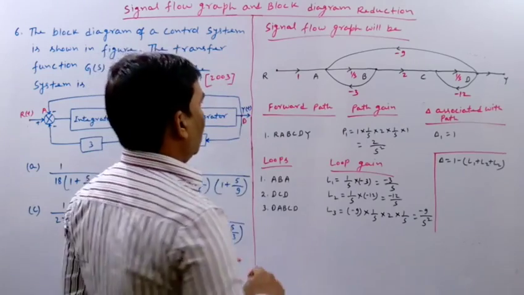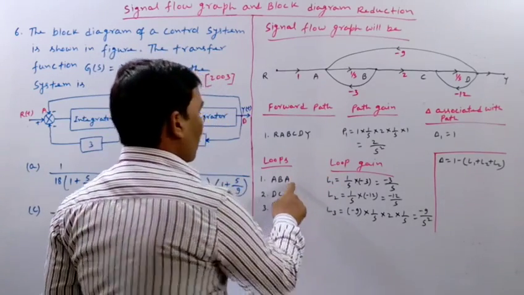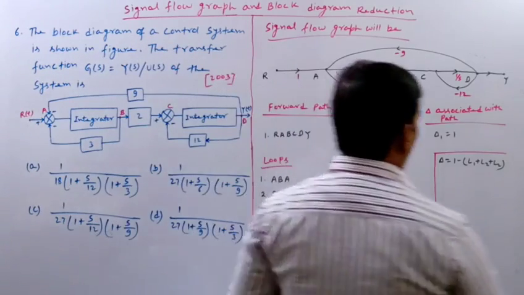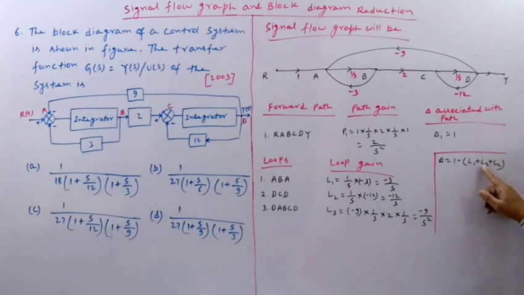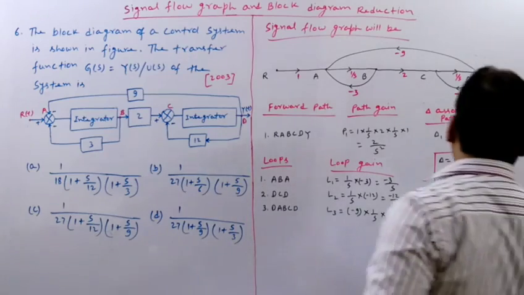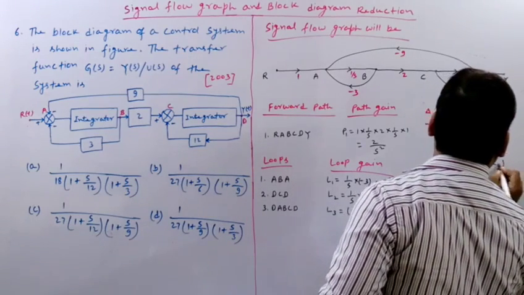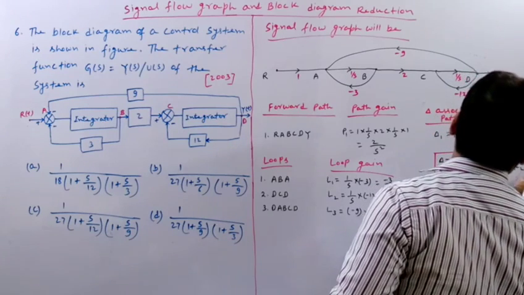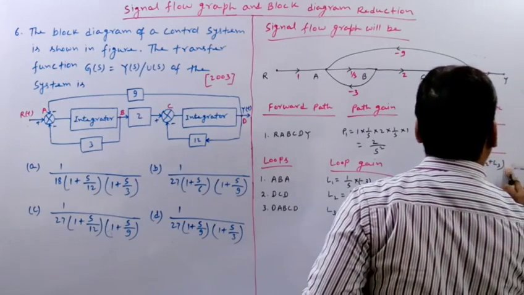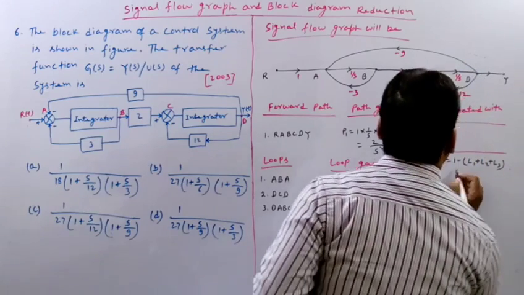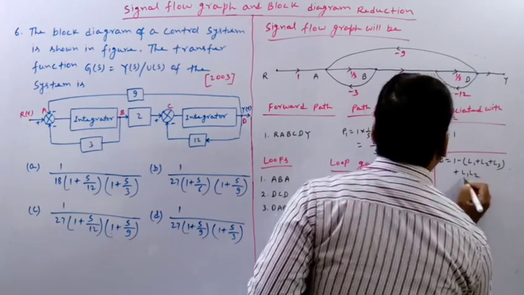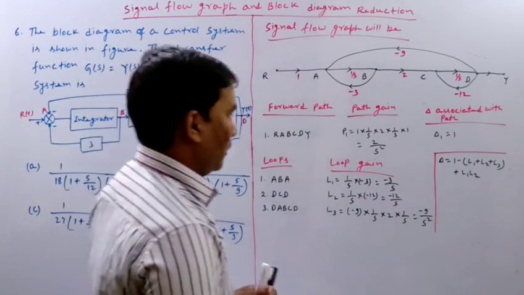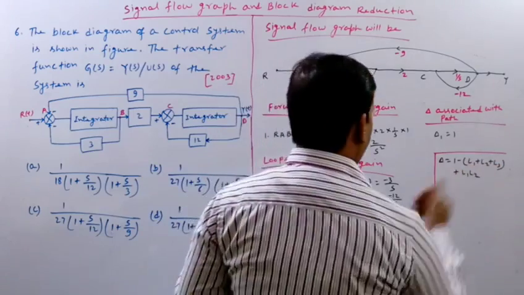Loops number 1 and 2 are not touching at any point. So we have to write 1 minus L1 plus L2 plus L3, plus L1 L2 also, because L1 and L2 are not touching. So delta will be this much.